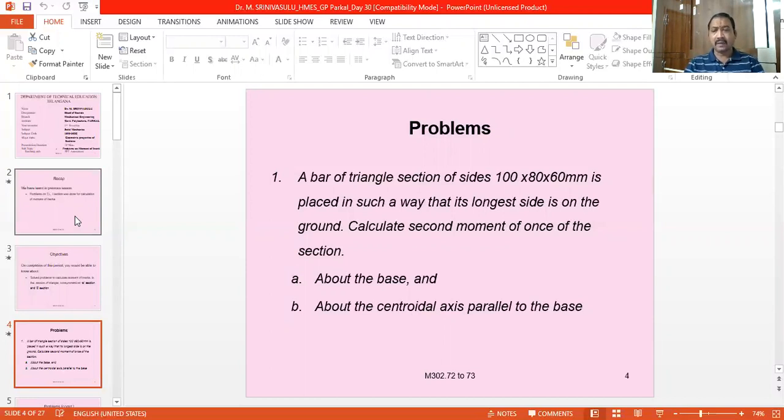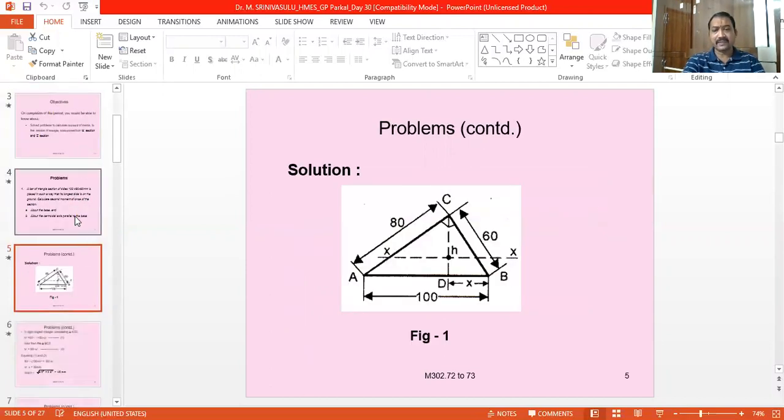So in the present case, a triangular section with three sides is given, and they said that it is placed on the ground or somewhere else, such that the longest side is on the ground. The longest side means here the 100 mm is horizontal. So that is the condition given, and based on the condition, this is the figure.